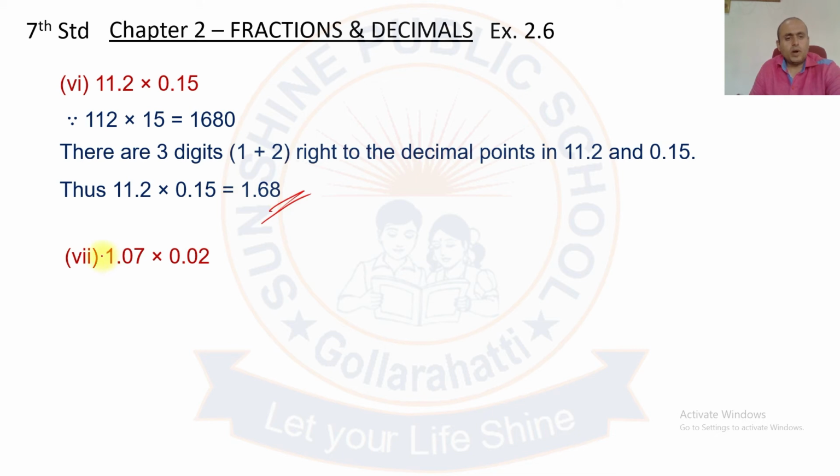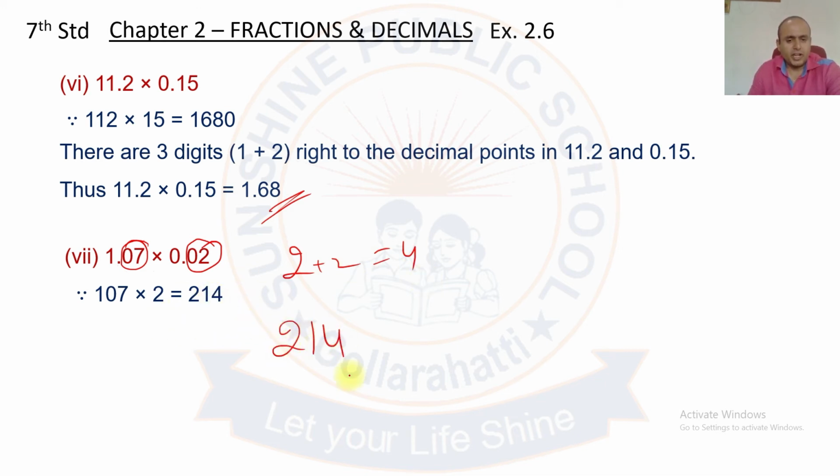Next question is 1.07 into 0.02. Here when you multiply 107 into 2, the answer is 214. In this question we got a decimal point before 2 digits, and on the right side also we got a decimal point before 2 digits. Totally we got 2 plus 2, that is 4 digits. So we have to place the decimal point before 4 digits for 214. So here we got 3 digits and we have to count 1, 2, 3, 4.